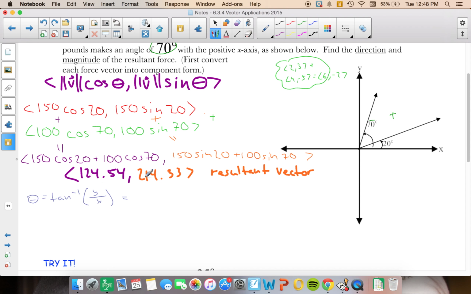So in this case, theta is going to equal tangent inverse of 214.33 over 124.54. So that's the y, that's this, over this. That's the x. So again, put that into your calculator.